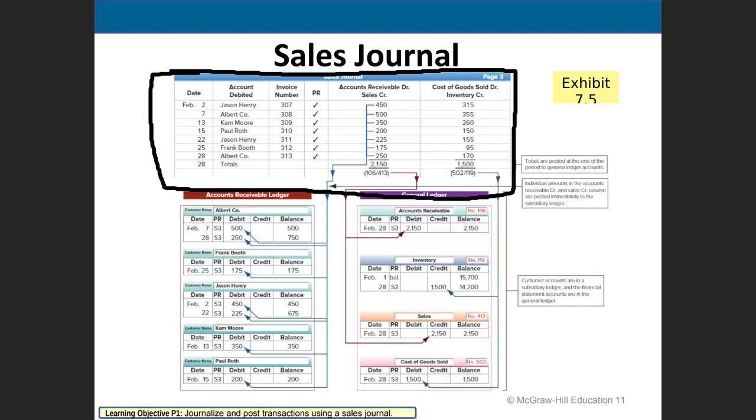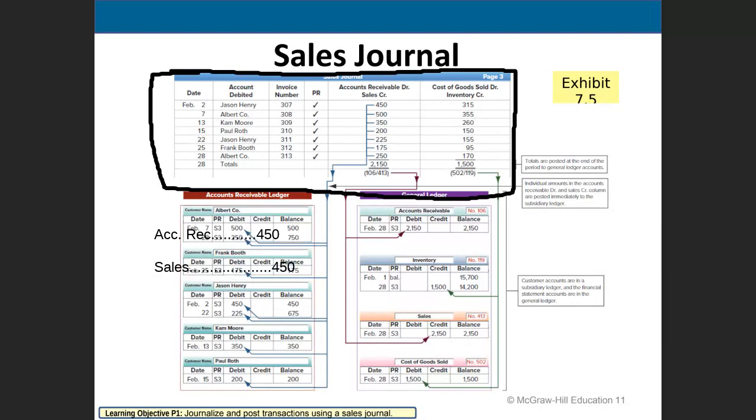So let us start with the journal entry. So what would be the journal entry if we sold on credit? It will be debit sales, sorry, debit accounts receivable, and credit sales, 50, let us say.